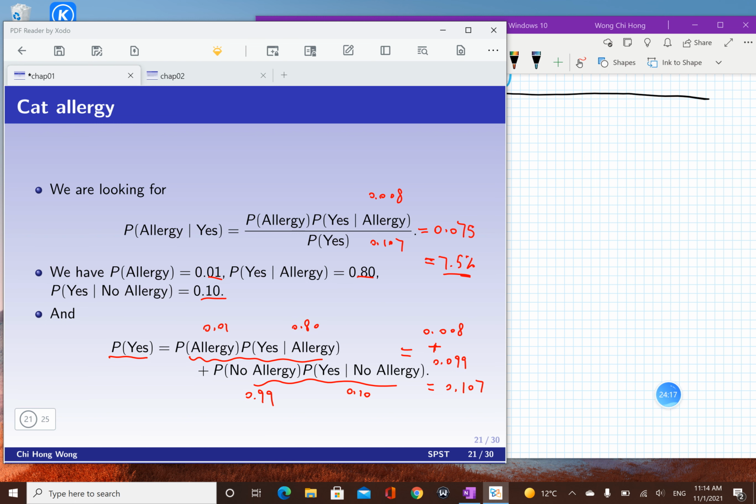But now it tells you that you only have 7.5% after all. Not a lot. I mean, it's of course a lot higher than 1% here, but it's still relatively low, 7.5%.